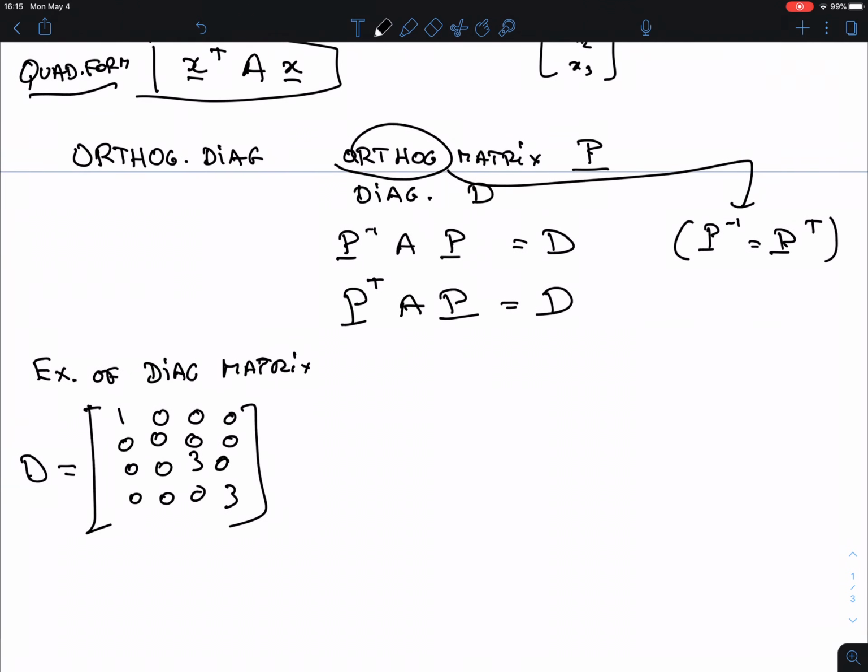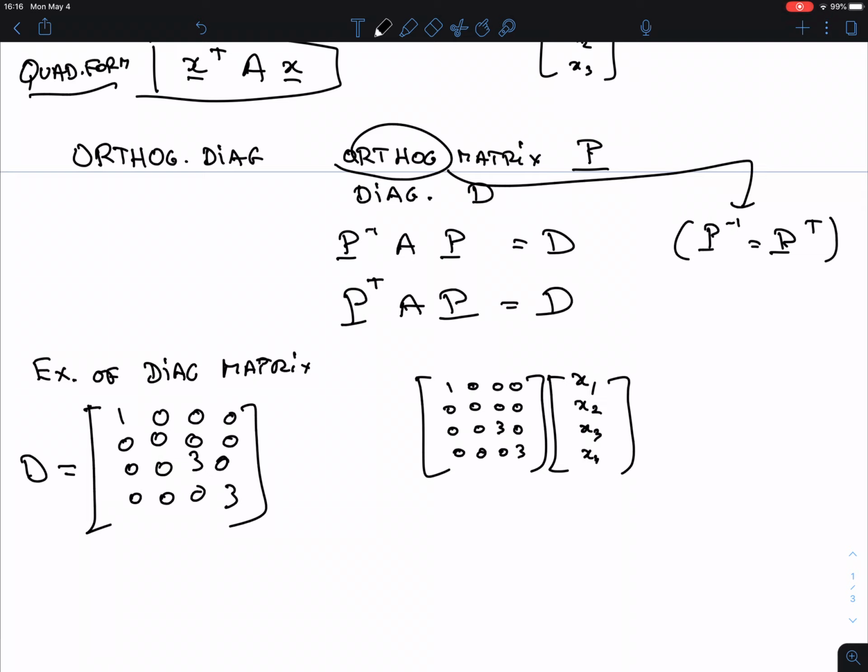Well, what we need to do is we take the column. Now we have 4 variables. That's the x bar here, right? And then we put D, which is 1, 0, 0, 0, 0, 0, 0, 0, 0, 0, 3, 0, 0, 0, 0, 3. And then what we have here is the transpose of this guy, right? So I'm going to just write it as this.